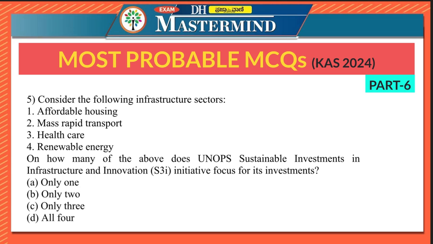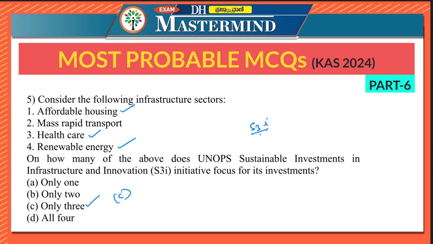Consider the following infrastructure sectors: affordable housing, mass rapid transport, healthcare, renewable energy. On how many of the above does the UNOPS Sustainable Investments in Infrastructure and Innovation Initiative, that is the S3I initiative, focus for its investments? Here it focuses on affordable housing, healthcare and renewable energy. Therefore, the right option is option C, only 3.